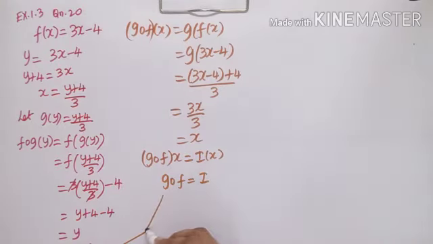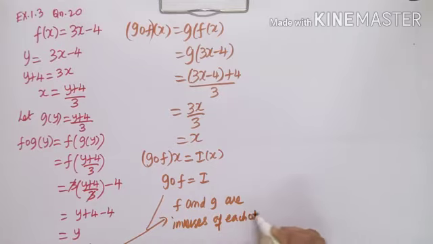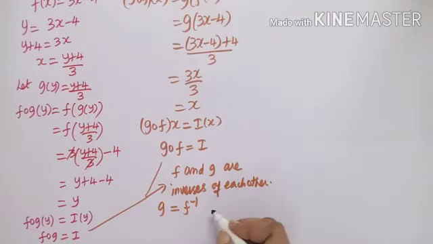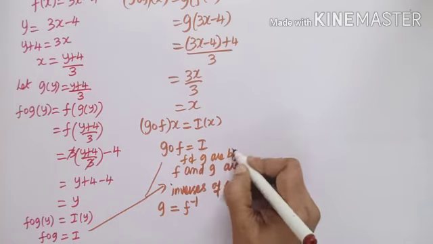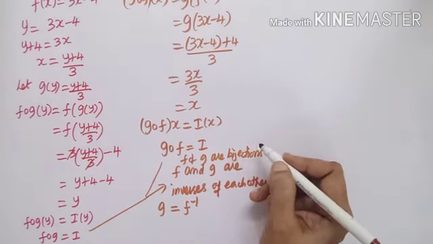These two together show me f and g are inverses of each other. So I am able to show g is equal to f inverse. Both are bijections also. When they are bijections, we mean they are one-one and onto.